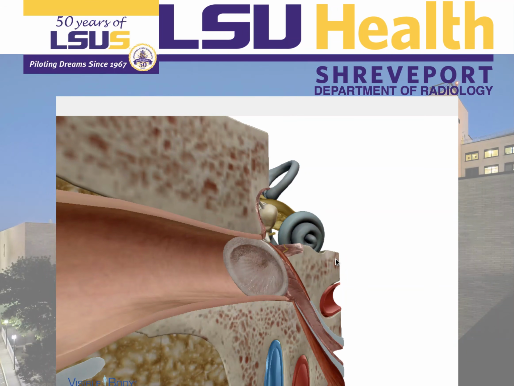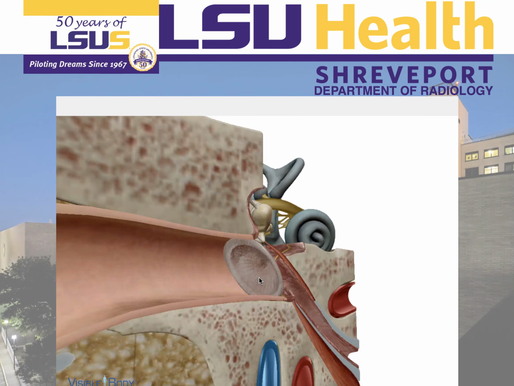Let's make a quick review about the anatomy. Here we have amazing images to show. So here is the external ear. This is the eardrum or membrane or tympanic membrane, as you wish. Here you can see that the middle ear connects to the nasopharynx through the Eustachian tube.